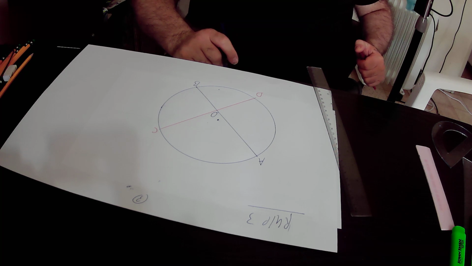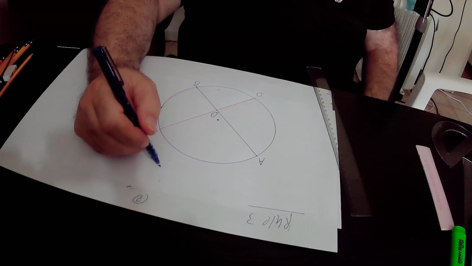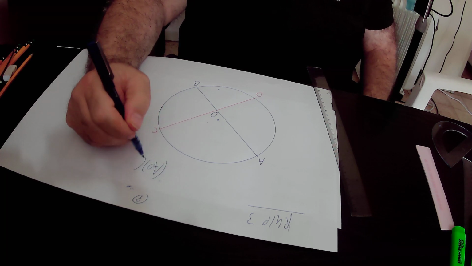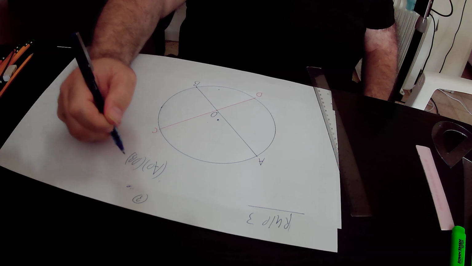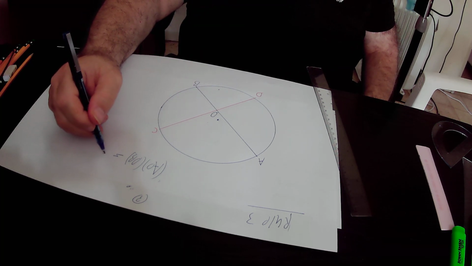Then, whenever two chords intersect with each other inside the circle, the following formula is true: AO times OB is equal to CO times OD.